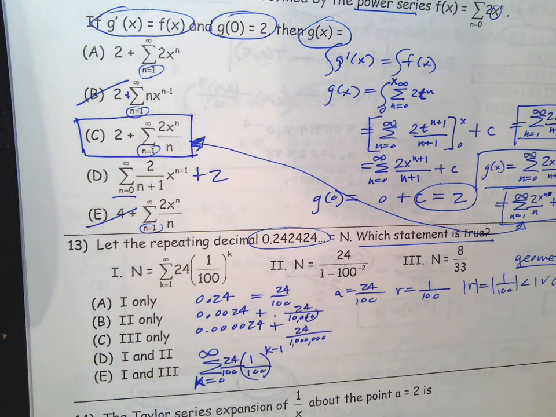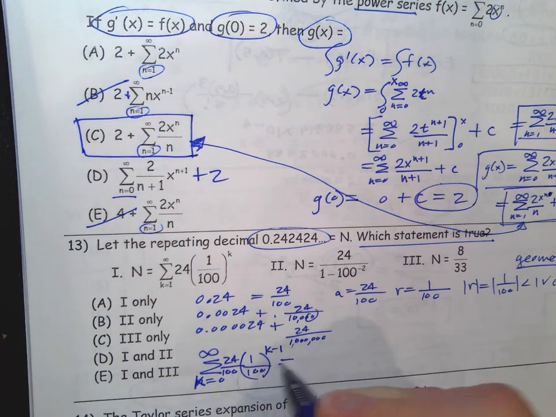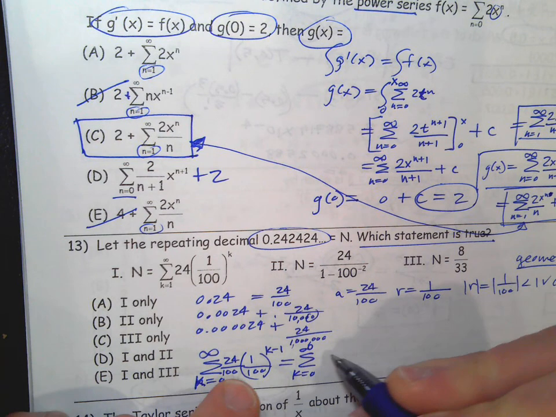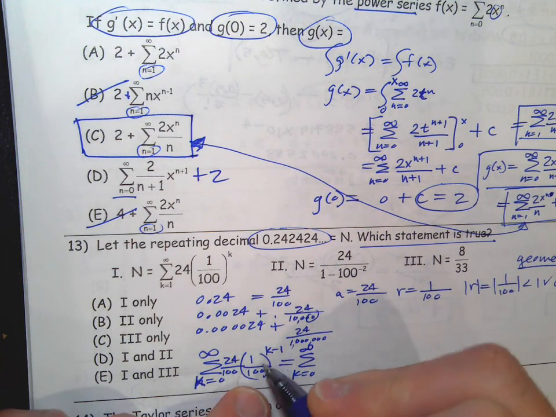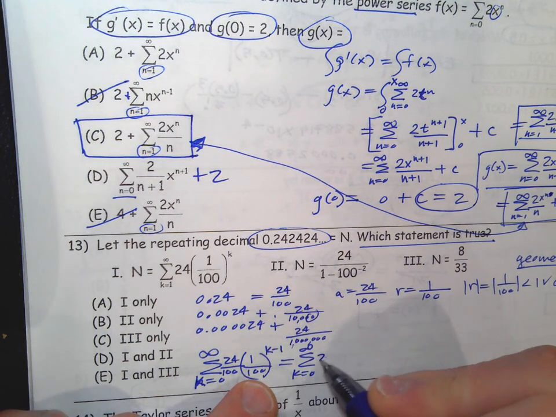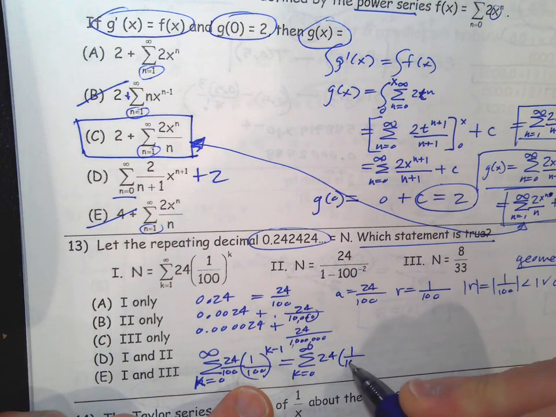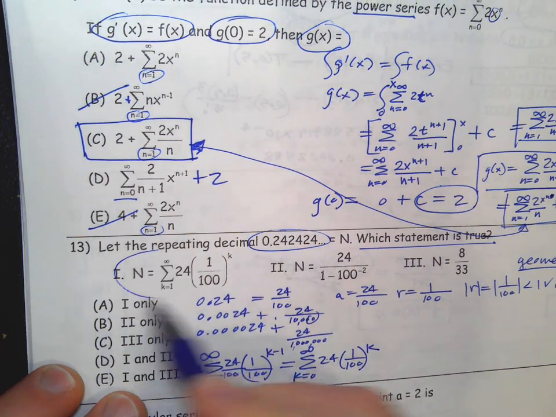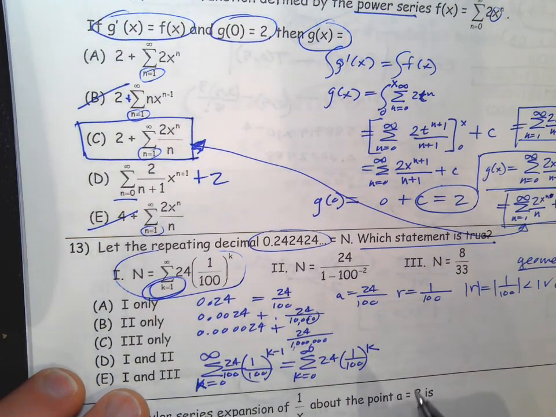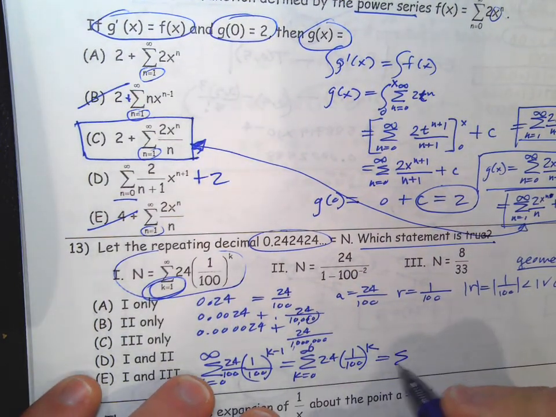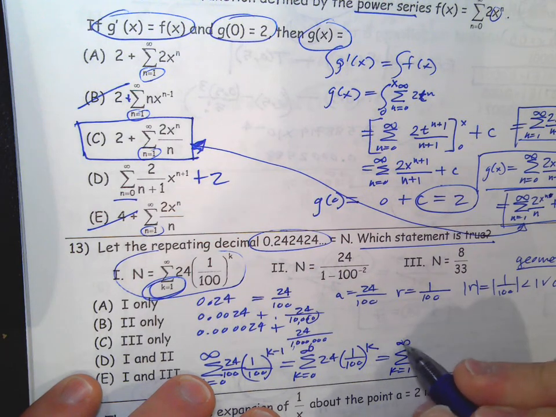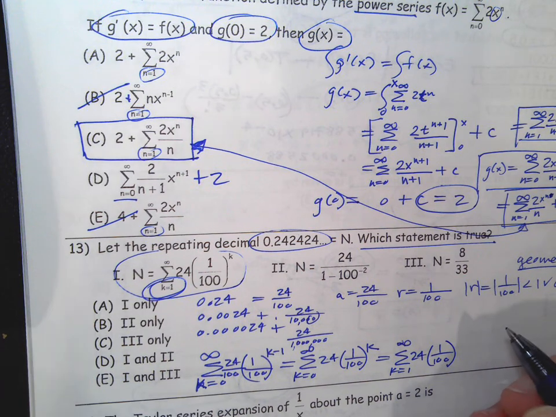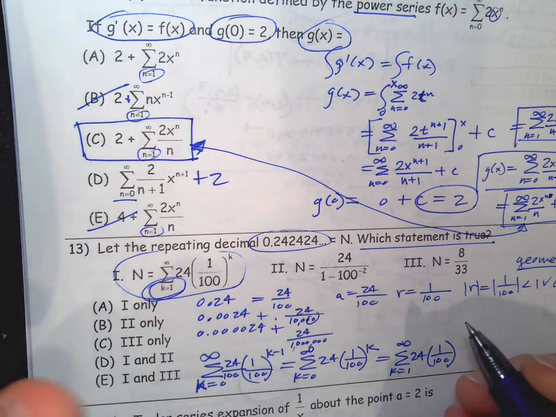So you could do that. We could possibly rewrite this as, combine the 1 over 100 into this. So that would be 24 times 1 over 100 to the k, which would make you want to pick this, except it starts at k equals 1. So if we were to write this with k equals 1, we would have to make sure that the power in the 100 gave us just 100.